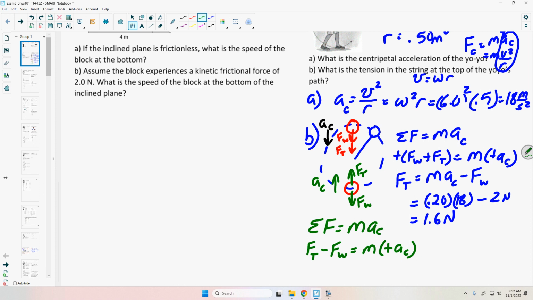So if I want to find Ft, that's going to be Fw plus mac, which in this case is going to be 2 plus 3.6, which is going to be 5.6 newtons. So at the bottom of the path, the tension in the string is bigger than it is at the top of the path.